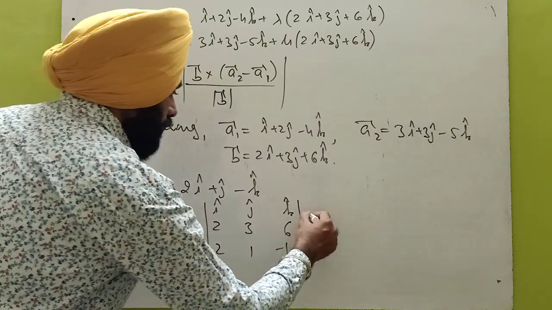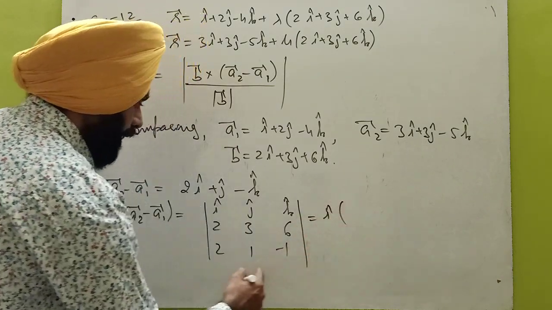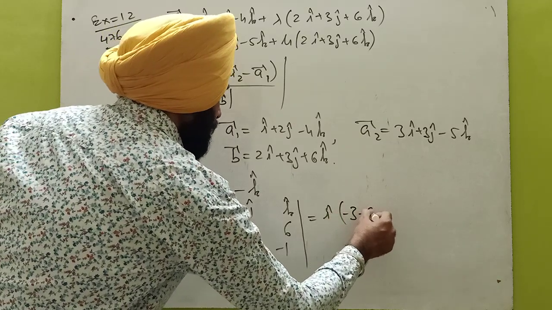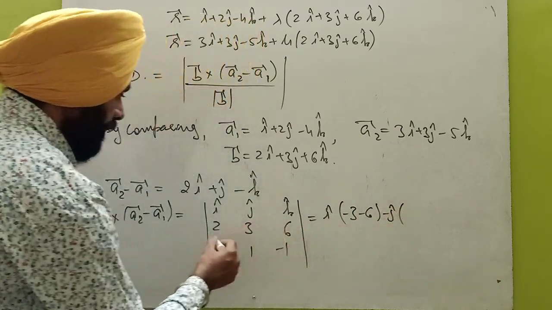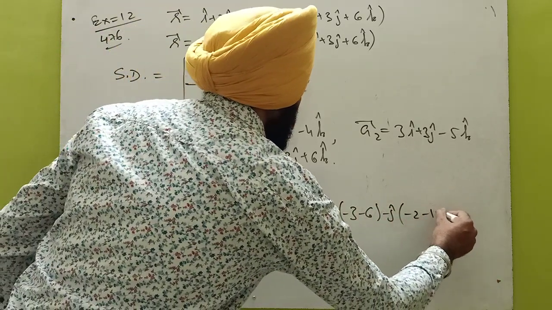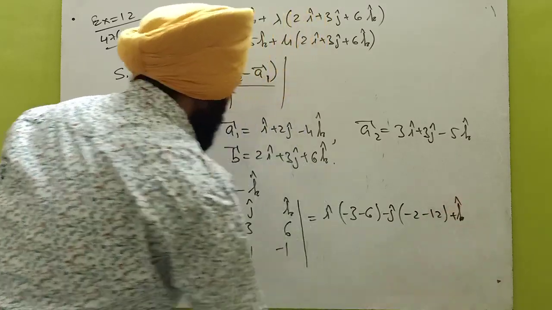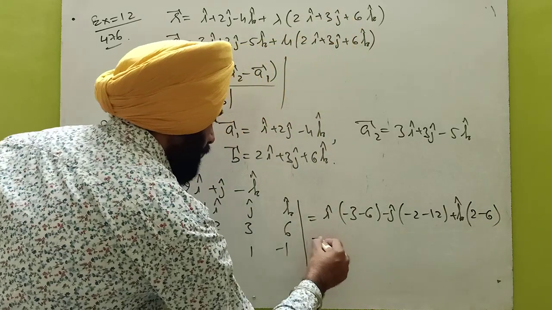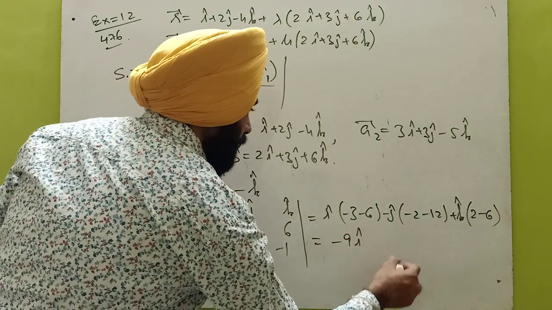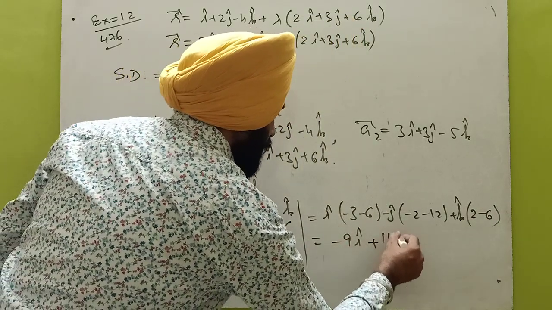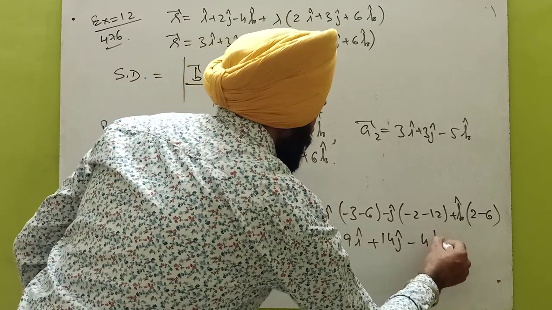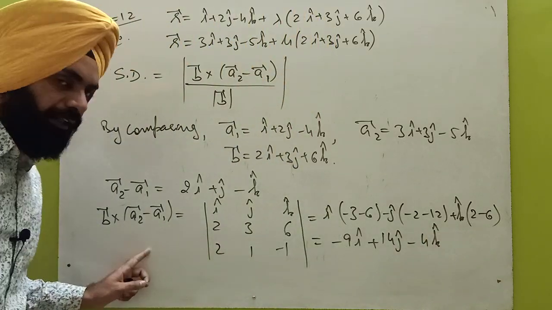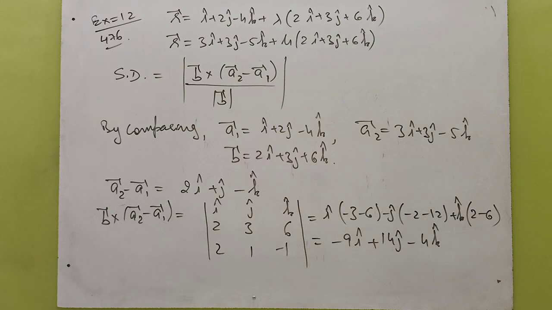So expand it: i cap (-3 - 6) minus j cap (-2 - 12) plus k cap (2 - 6), and this is equal to -9 i cap + 14 j cap - 4 k cap, which is the value of B cross (A2 minus A1).